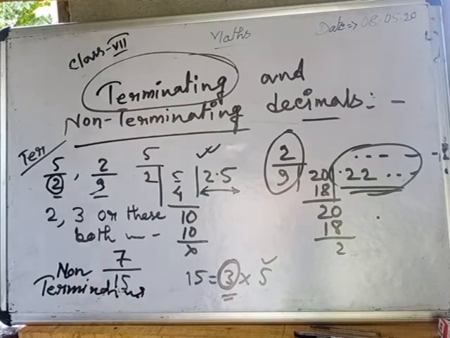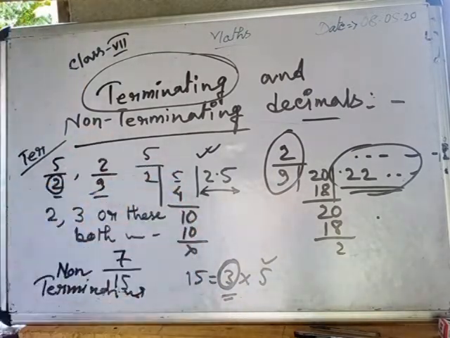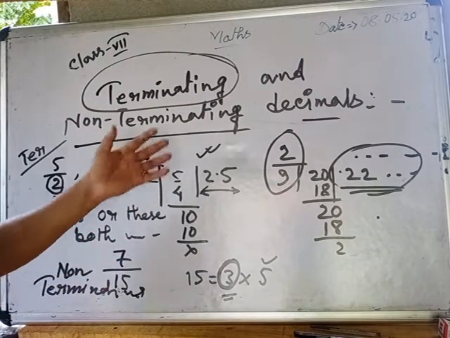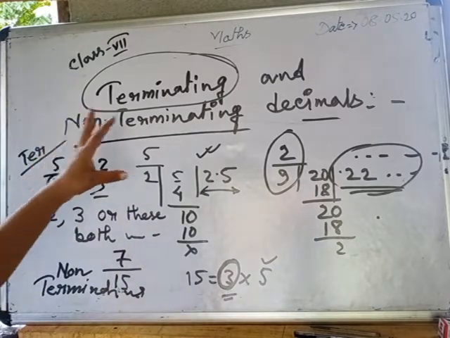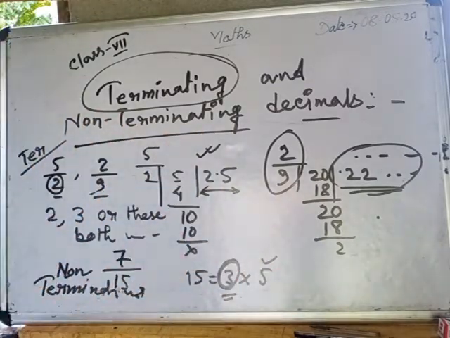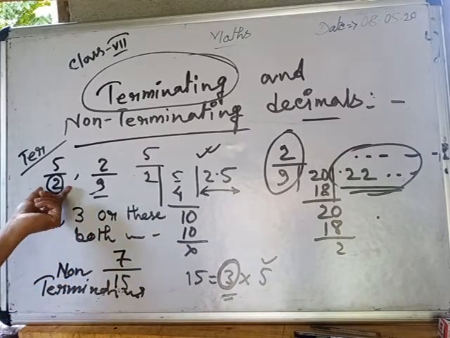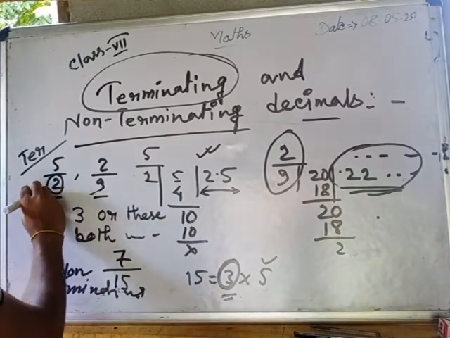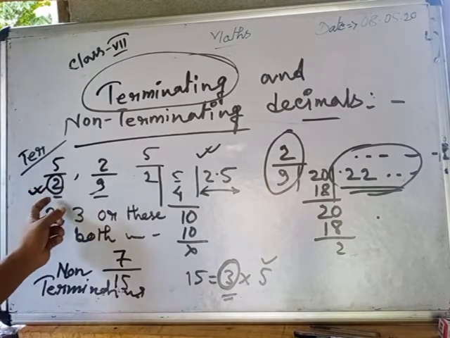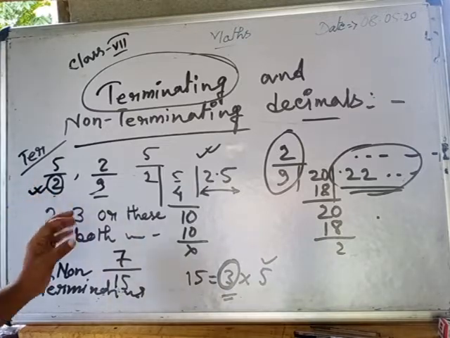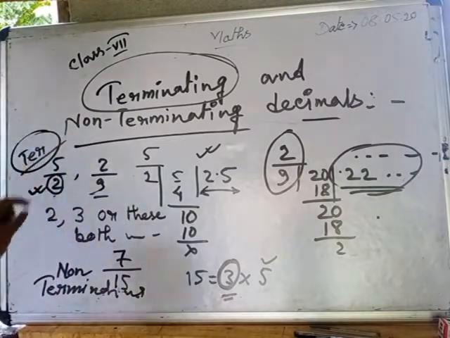Okay, so in this way we can tell which one is a terminating fraction and which one is a non-terminating fraction. If 2, 5 or both numbers are present in the denominator, it is a terminating fraction.